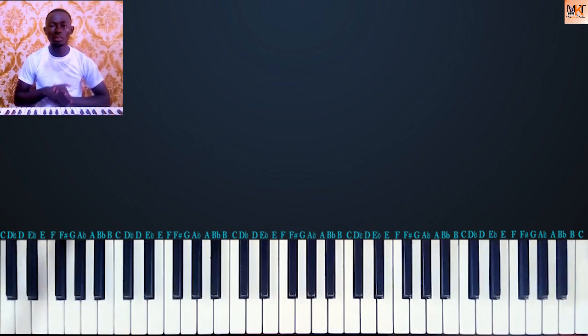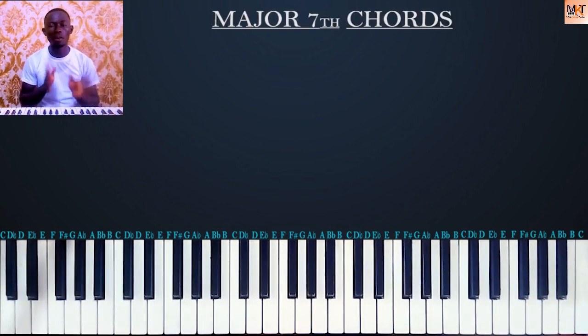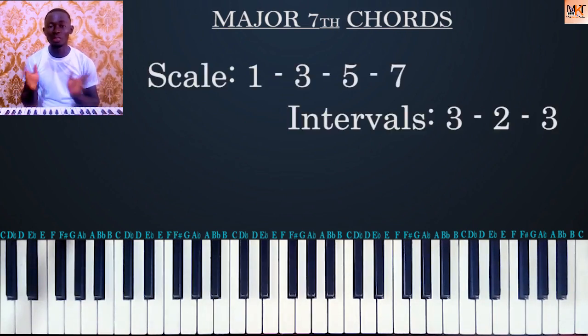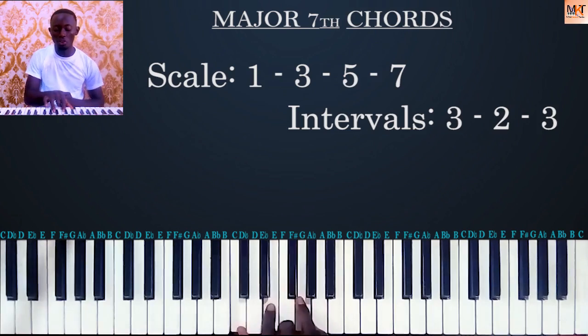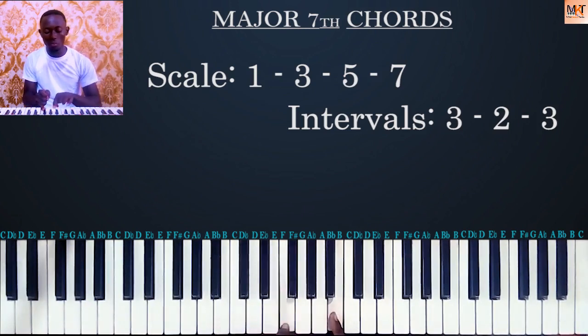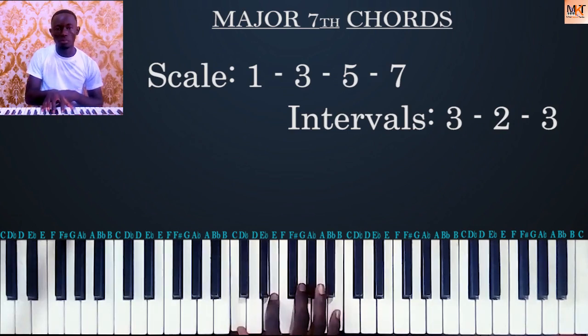Alright, let's move on from there and then talk about major seventh chord. Major seventh. A major plus a seventh. It's really that simple. A major chord plus the seventh note on the scale. The seventh. 1 2 3 4 5 6 7. The seventh note on the scale. Like that.